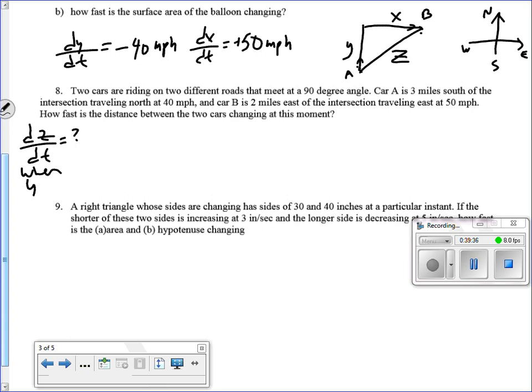So that means when y equals 3 and B is 2 miles east, so when x equals 2. So we have dy/dt, dx/dt, we're looking for dz/dt. That was a lot of translating in this one. So we've got the Pythagorean theorem that links these together. There's our equation. Take the derivative of both sides with respect to t.